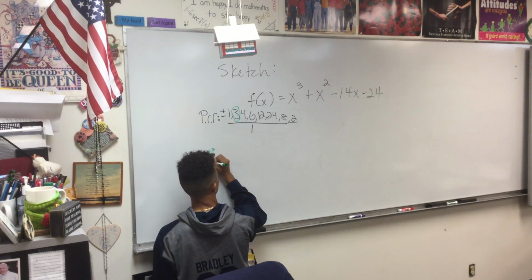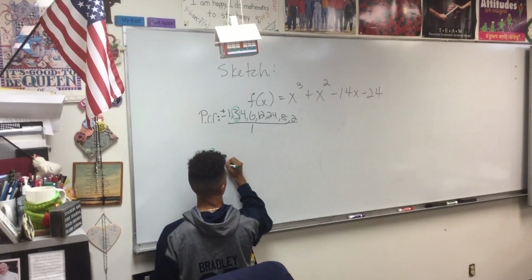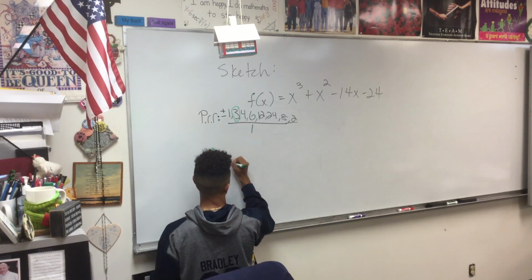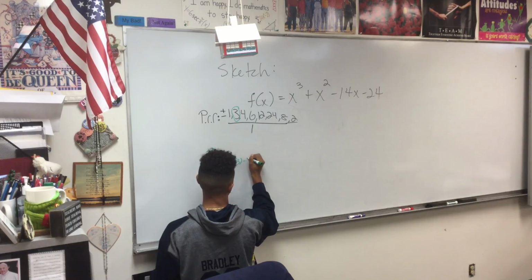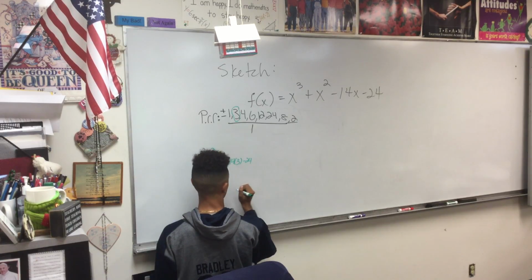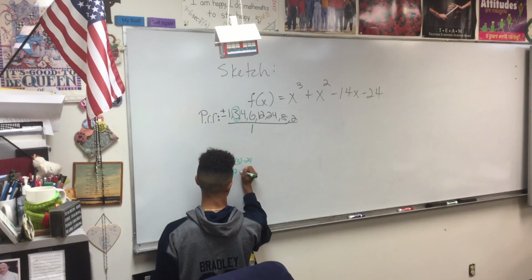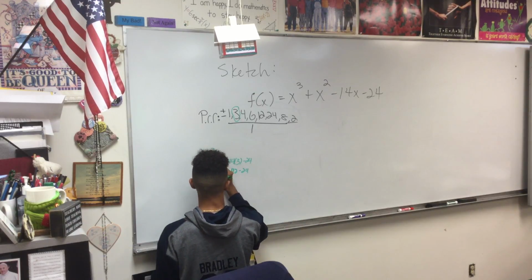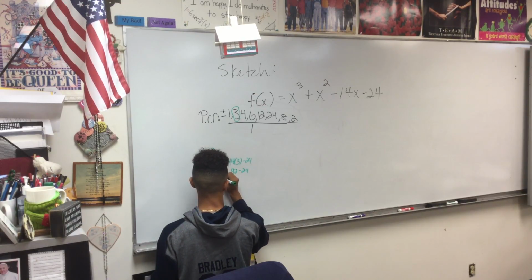It's 27, so 27 plus 9 minus 14 times 3. That's all. 42. Say 32. Minus 44. 36.